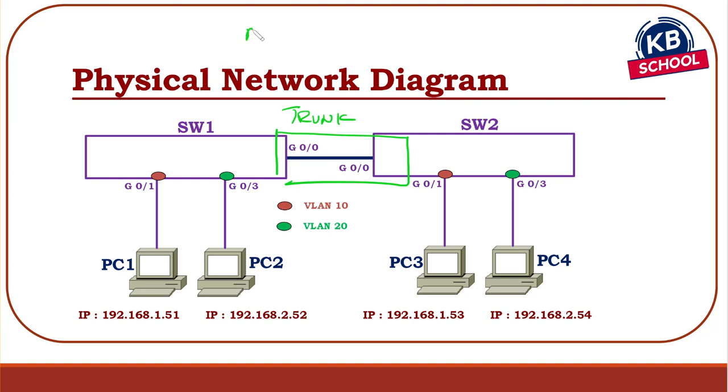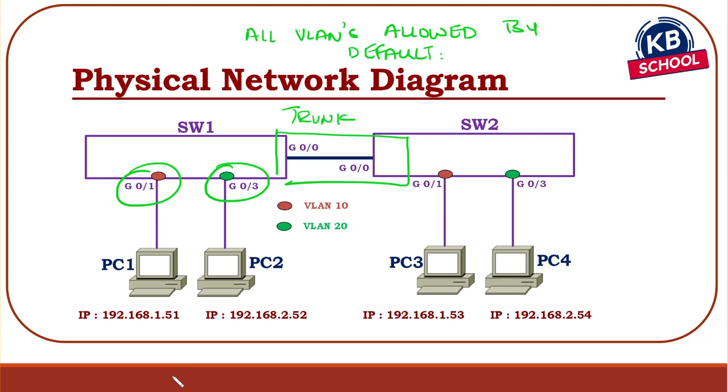By default, all VLANs are allowed. All right, we did that. We saw how to assign ports to a particular VLAN, the access ports. We saw how to create the VLANs with and without VTP.